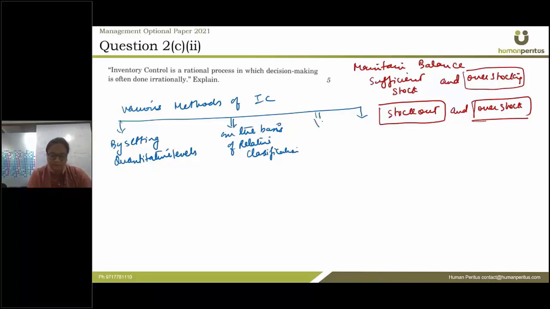My third one is using ratio analysis. And fourth one is physical control, when we go for physical checking of the inventory available at the disposal of the organization. So we'll be looking at the basic methods under these.